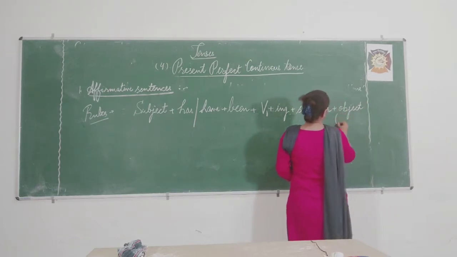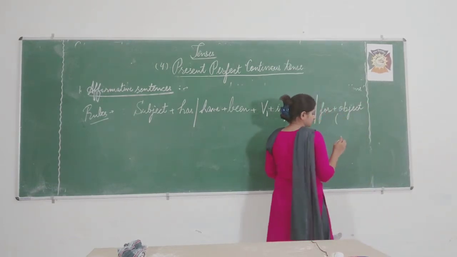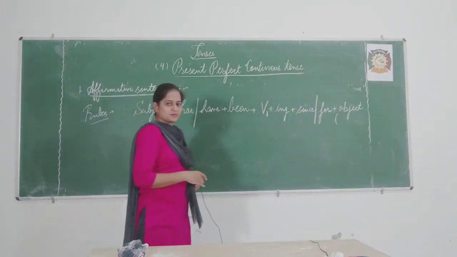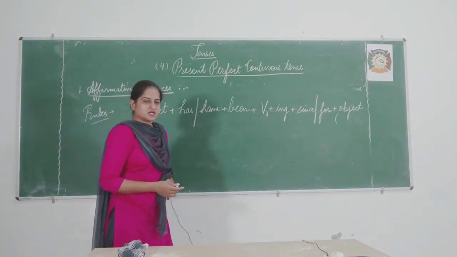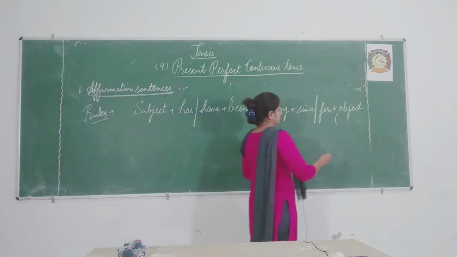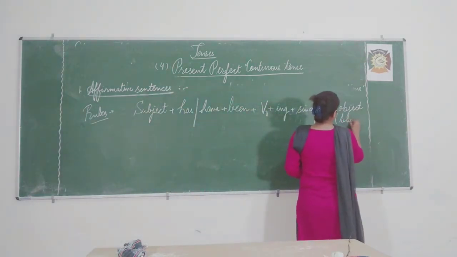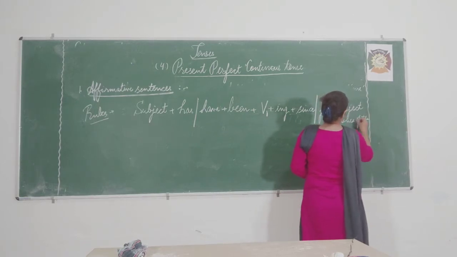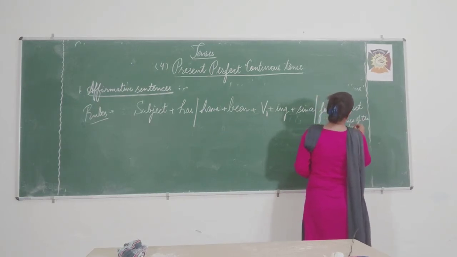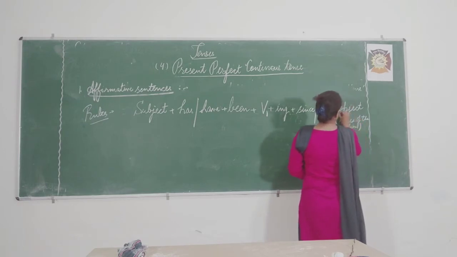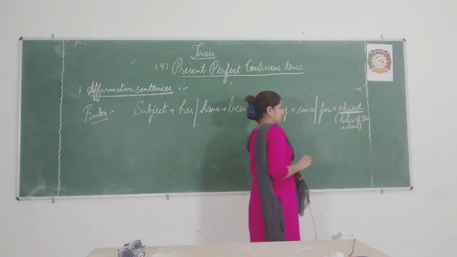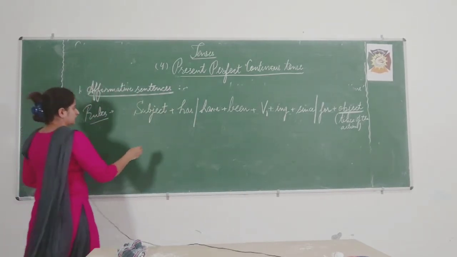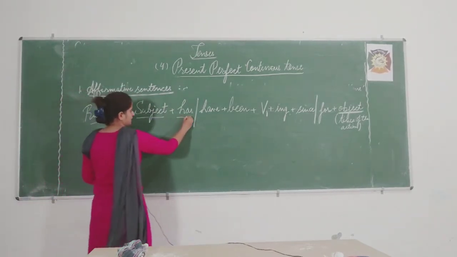Now, what does object include in such kind of sentences? It includes the time of the action. It always includes the time of action. So what I have written: subject plus has or have.